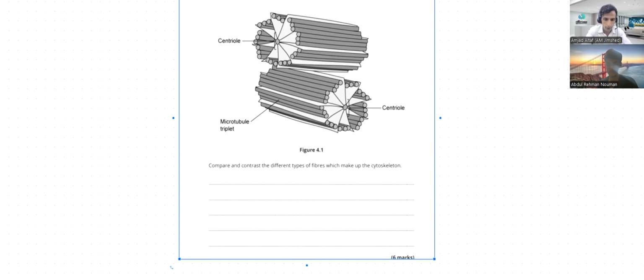Component one. Cell structure and organization. Oh, sorry, it should be at the very start.